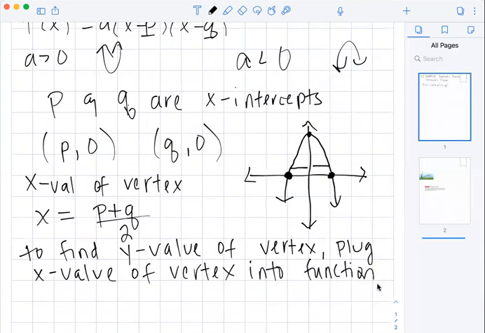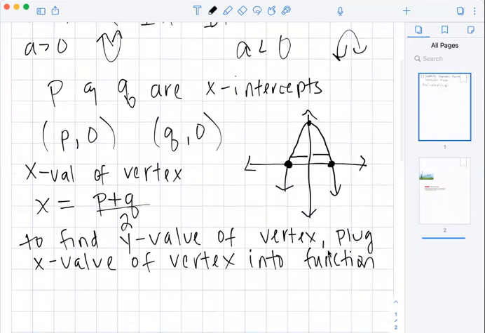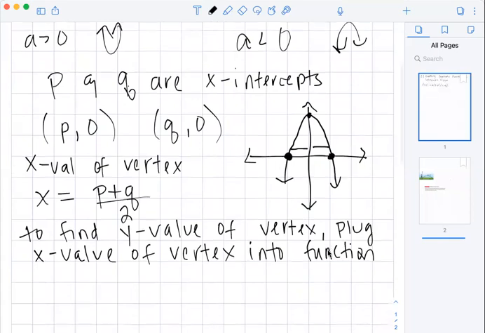And I'm okay with 3 points: the vertex and the x-intercepts. That is usually going to be enough for you to get a good idea of what your graph looks like.